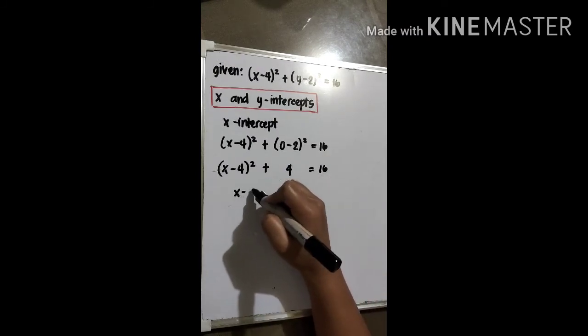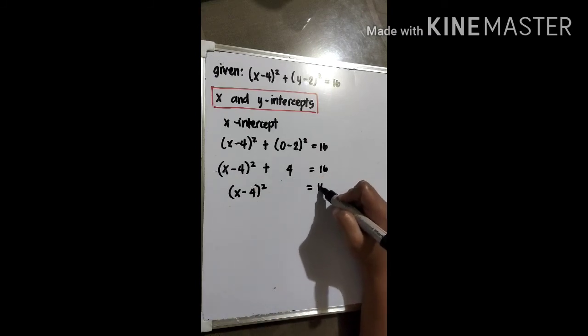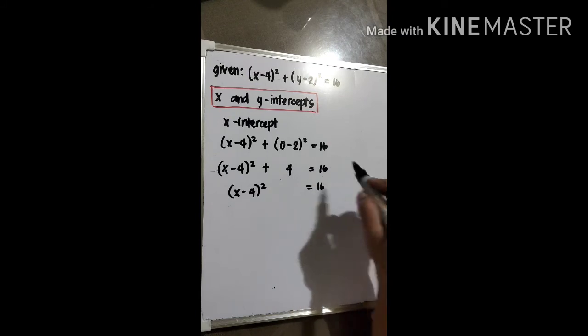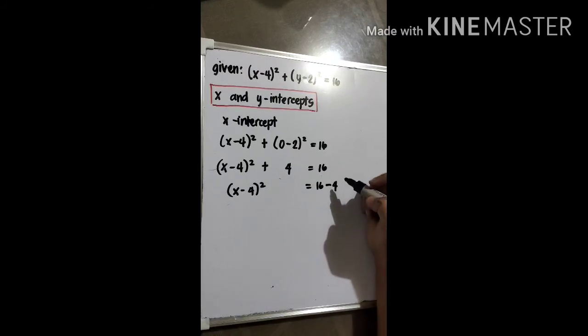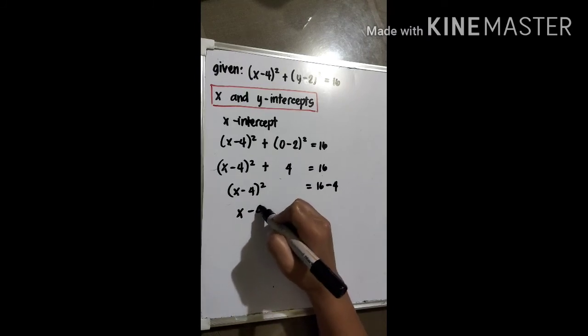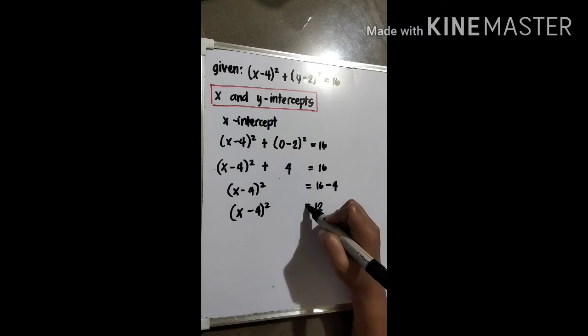Now we have (x minus 4) quantity squared is equal to 16, and then we will transfer 4 to the right side of the equation. That will now give us negative 4. So we have (x minus 4) quantity squared is equal to 12.